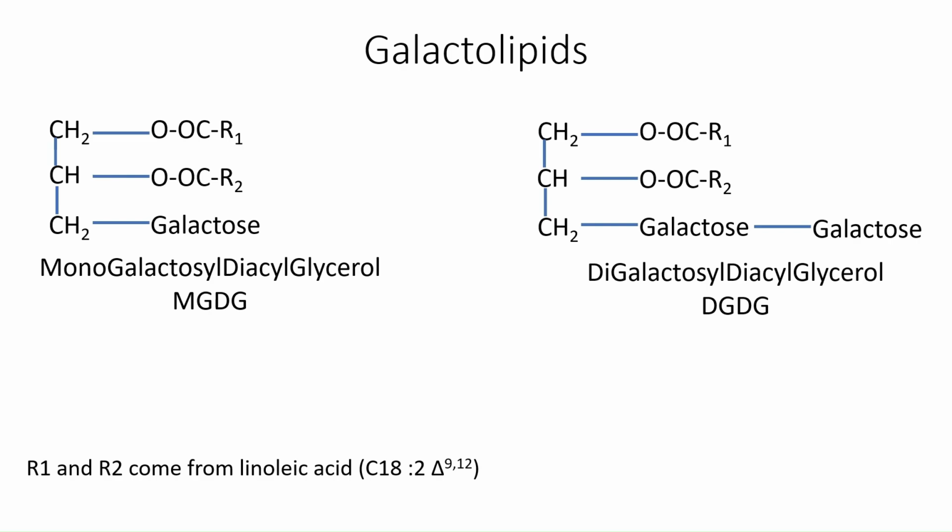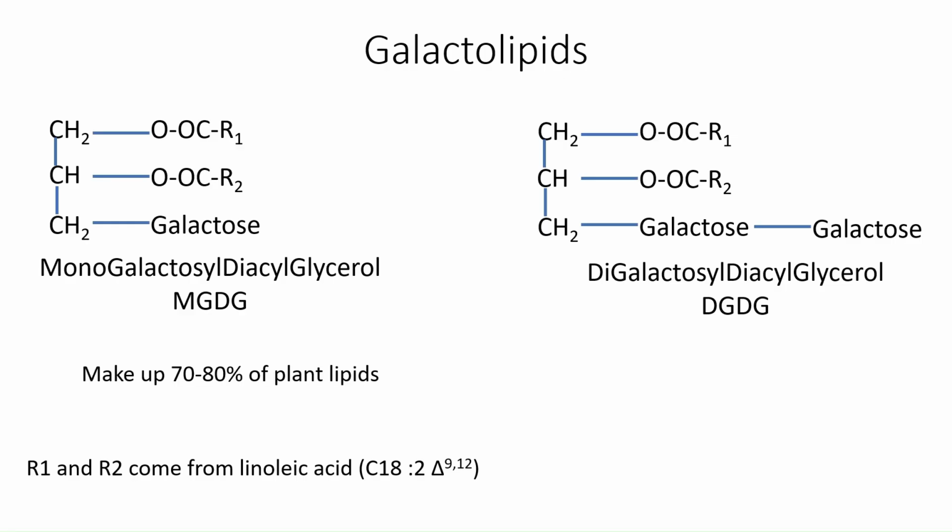Here, the first and second alkyl chains come from linoleic acid, which has 18 carbons and two double bonds at delta 9 and delta 12 positions, which means the ninth and 12th carbon from the carboxylic acid group.